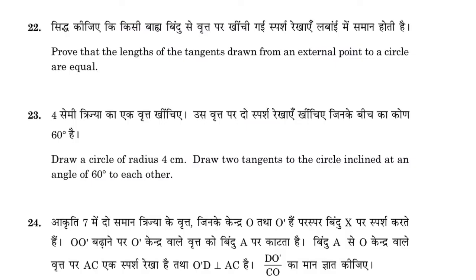Question number 22. In this question, we have to prove the lengths of the tangents drawn from an external point to a circle are equal. So let's say this is the circle with center O, and this be the external point, and these are the two tangents drawn.